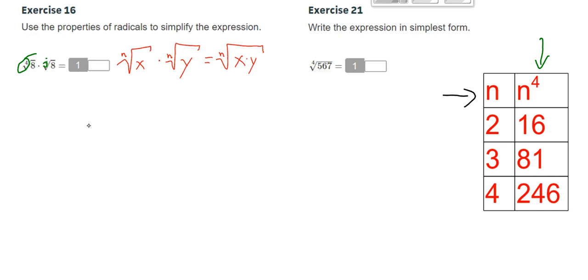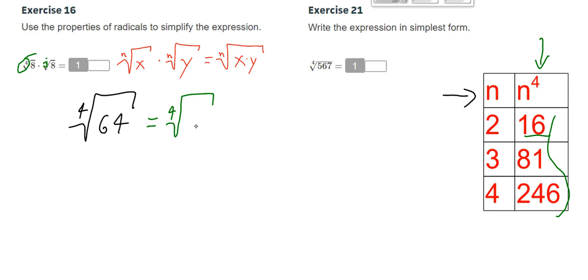So I get 8 times 8, which is the fourth root of 64. Then I look in my table and ask which one goes into 64. Well, that's 16. So I can write this as the fourth root of 16 times the fourth root of 4, since 16 times 4 is 64. 16 is the same thing as 2 to the 4th, as I know from my table.